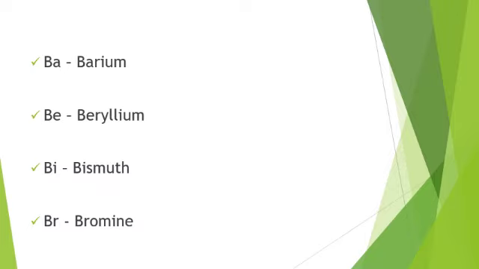For example, boron, barium, beryllium, bismuth, and bromine all start with B. So only boron is represented by B, while barium, beryllium, bismuth and bromine are represented by the first two letters of their names as Ba, Be, Bi and Br respectively.